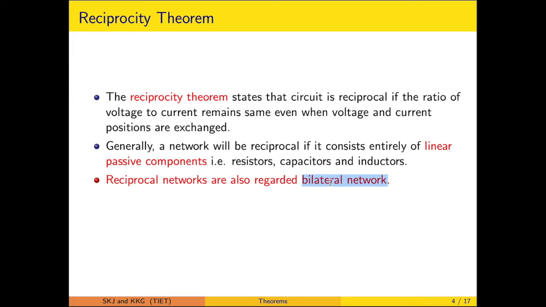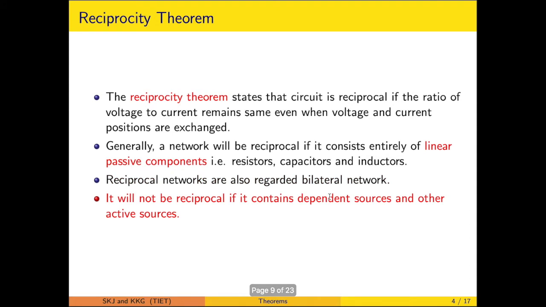However, the bilateral network requires that the performance should not be affected. So therefore it suggests that such circuits must be free from any active source, whether they are of independent nature or the dependent nature.